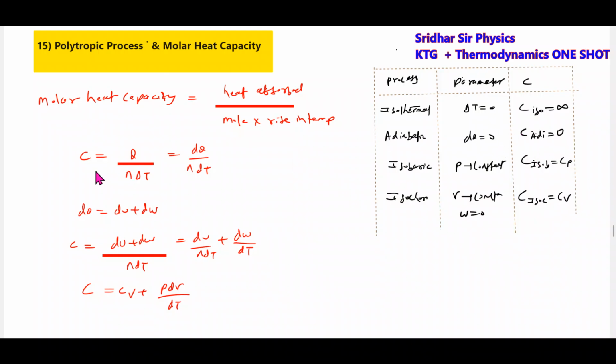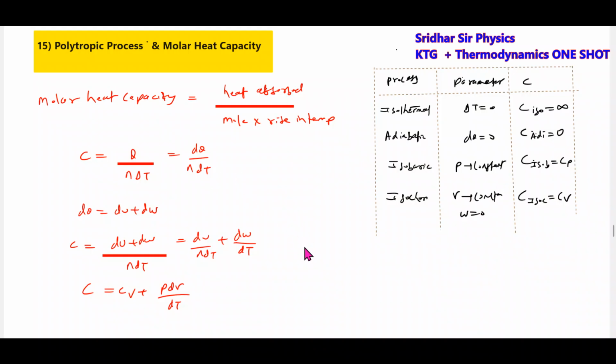For different processes, molar capacity will be different. For solids and liquids, it will be a fixed value. For a given n moles of gas, for different processes, it will be different. You can take 1 mole of hydrogen; the same 1 mole of hydrogen will have different molar capacity for different processes.